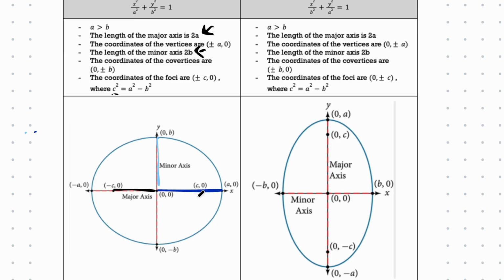And so when we take our a value and square that, and our b value and square that, and we subtract those two, we'll get our c value. And so essentially, if we know our minor axis and our major axis, we can find out our coordinates of the foci. And we'll work with that a little bit more later.